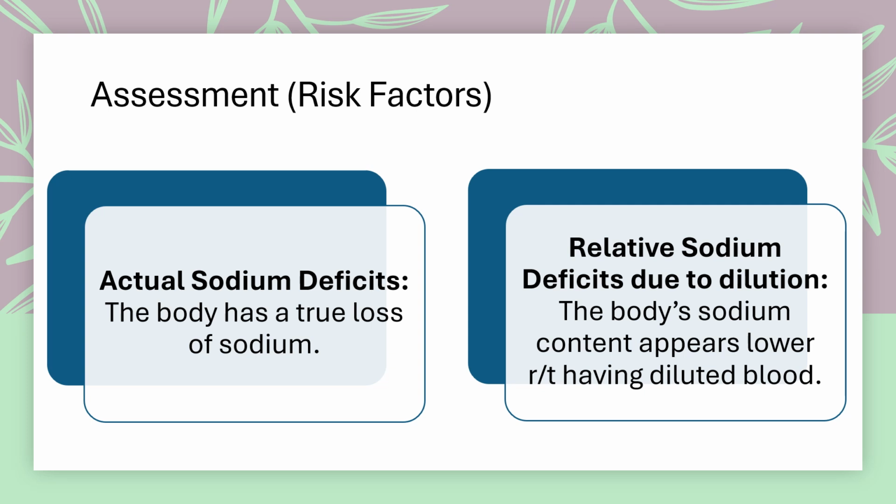For somebody who has true sodium loss, they're probably just going to give them a sodium pill. For somebody who has a sodium deficit due to dilution, they might do something like a diuretic. So keep in mind what's going on with your patient.